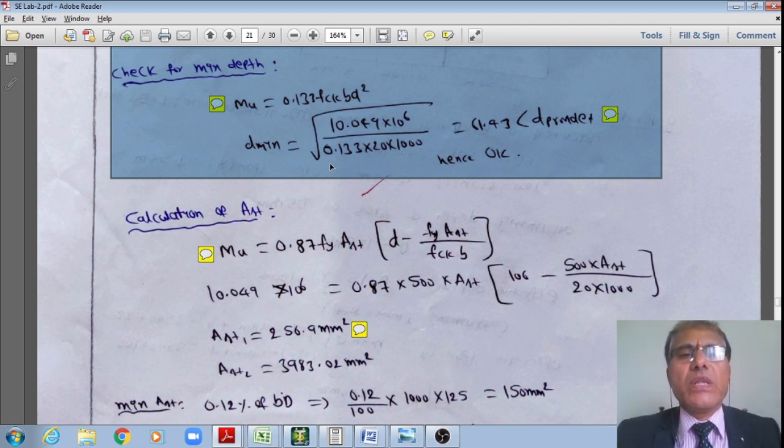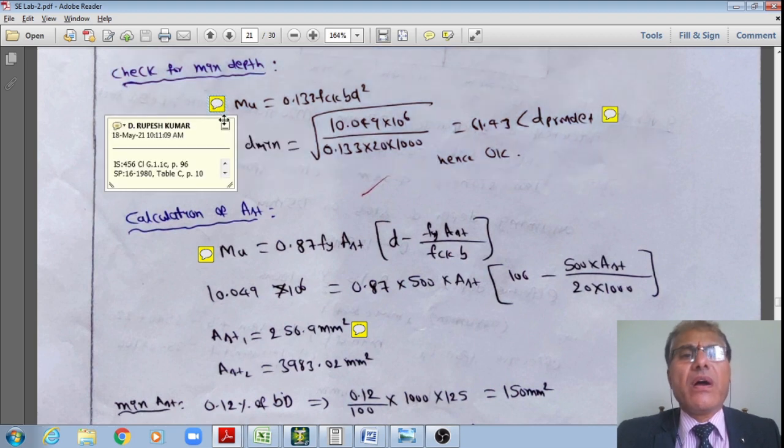Now we already know from IS 456 Clause G.1.1c, page number 96, or if I go to SP 16 1980, Table C, page number 10. Let us go to page number 10, student.